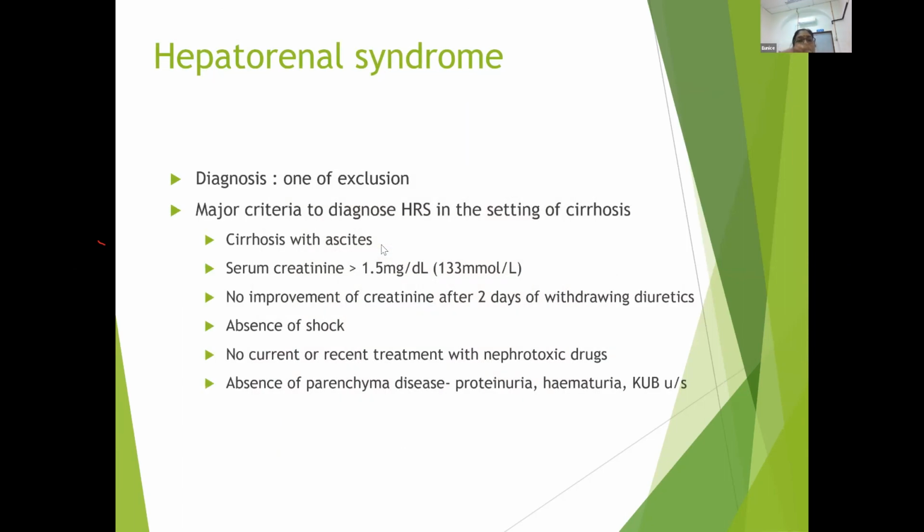So hepatorenal syndrome is a diagnosis of exclusion. The major criteria to diagnose hepatorenal syndrome in the setting of cirrhosis are cirrhosis with ascites, serum creatinine more than 133 micromole per liter, no improvement of creatinine after 2 days of withdrawing the diuretics, absence of shock, no current or recent treatment with nephrotoxic drugs, absence of parenchymal disease such as no proteinuria or hematuria, or normal ultrasound KUB.